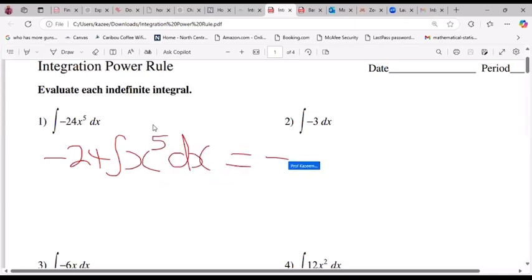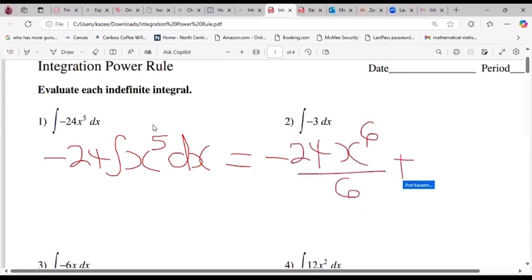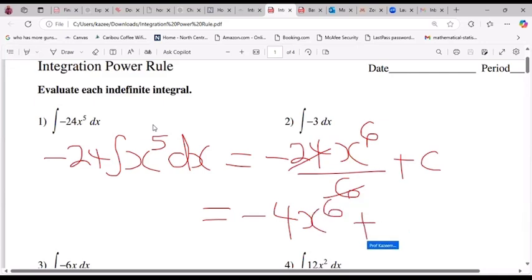So if I write that now, I'm going to have x to the power 6 divided by 6 plus a constant. So 6 goes into that. I got minus 4x raised to the power 6 plus a constant. So I'm done. That is how it's going to be solved. It's as easy as that.